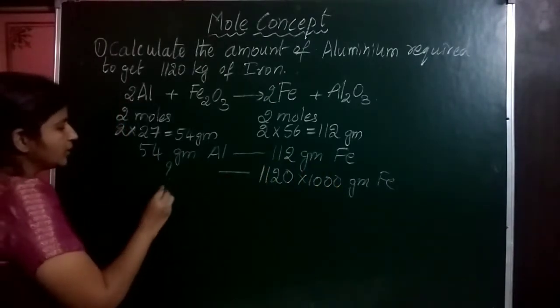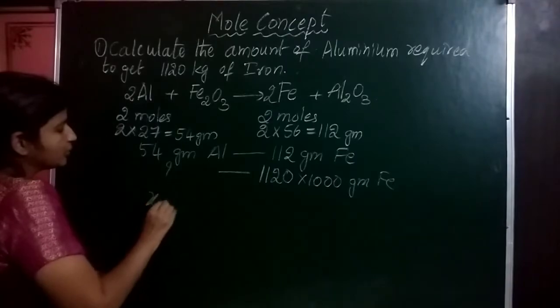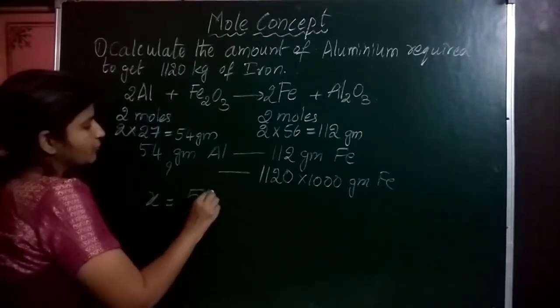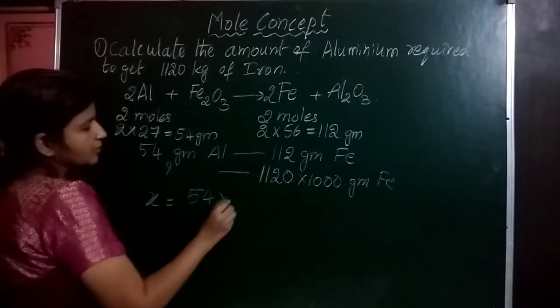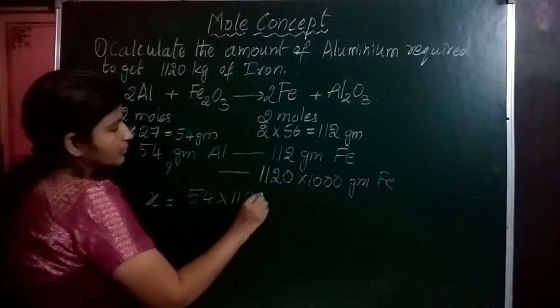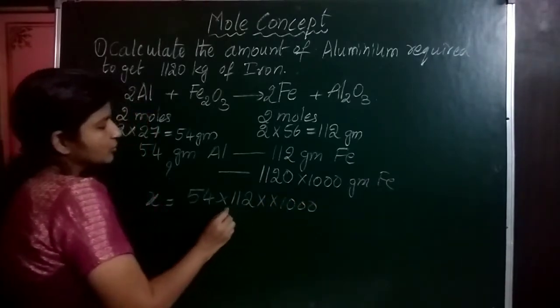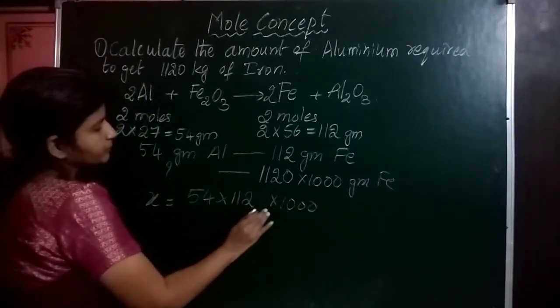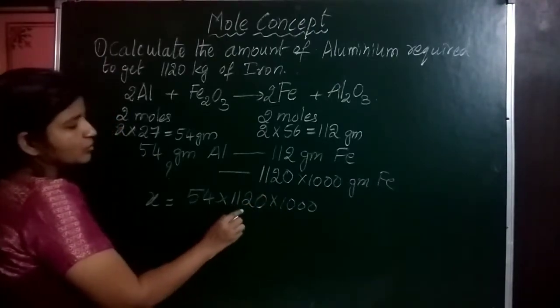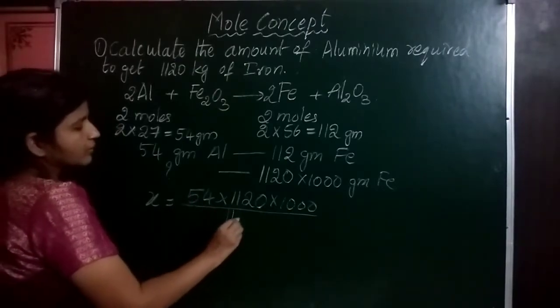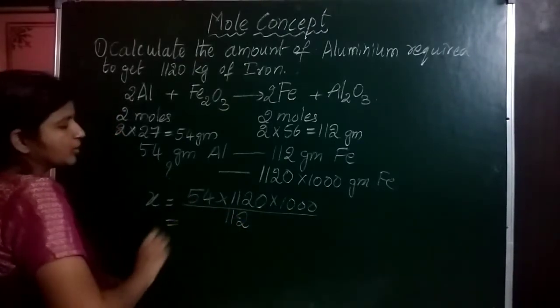So how much aluminium is required to get this much iron? That is your question. So x equals, by cross multiplication, 54 into 1120 into 1000 divided by 112.